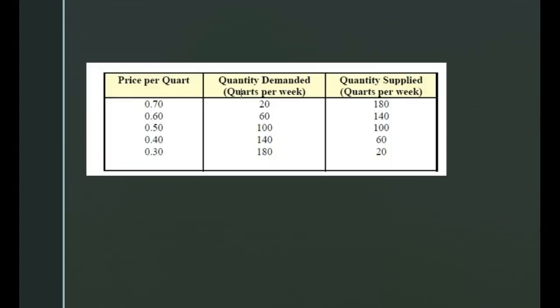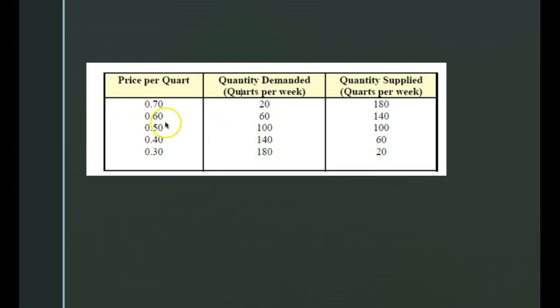All right. The next one is a question of how this chart works. What we're looking at here is the price per quart, the quantity demanded, and the quantity supplied. At 60 here, quantity demanded is 60 and we have 140 supplied, so there is an excess supply of milk.